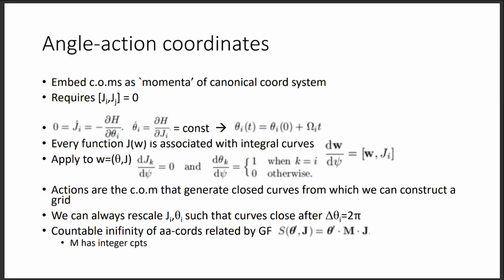Then my equations of motion will be trivial, because I will find that the rate of change of one of my momenta, which I'm going to call J1 and J2, is going to be nothing, because it's a constant of motion. This means the Hamiltonian will not depend on the corresponding canonically conjugate variable, which I'm going to call the angle theta I. Consequently, the rate of change of the angle theta I, which is the gradient of the Hamiltonian with respect to J, because that's Hamilton's equation of motion, is going to be a constant, because this doesn't depend on the thetas, which are changing in time.